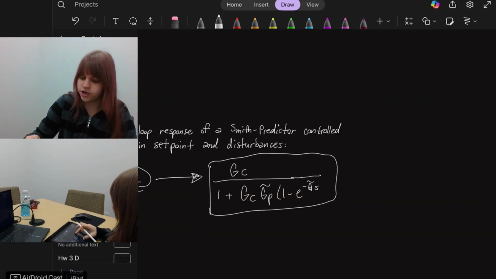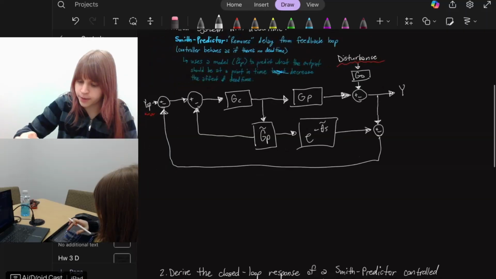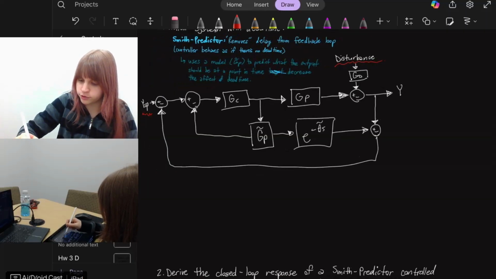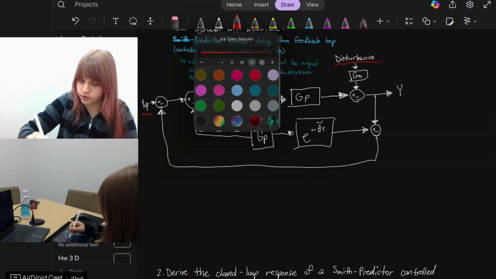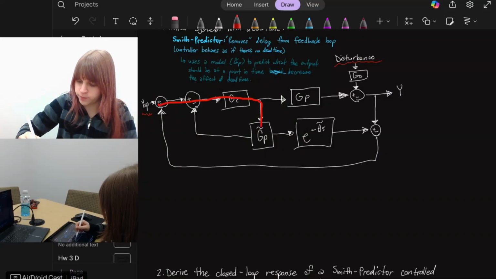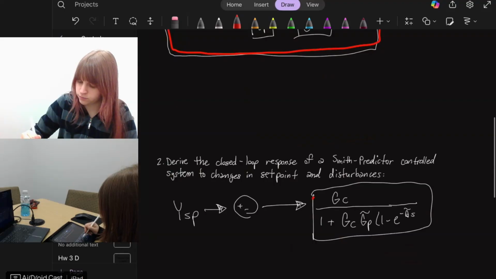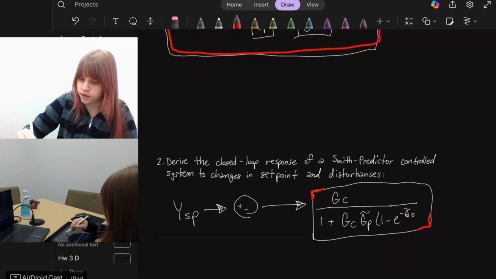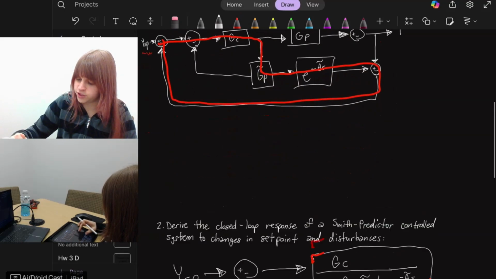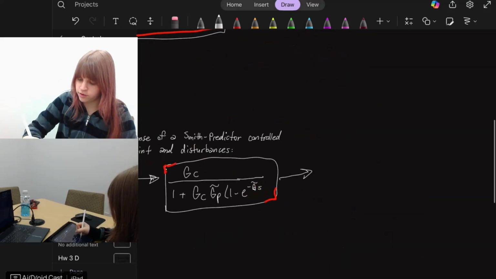So this right here is everything in the loop going here. And that's still going to go into our process transfer function GP.